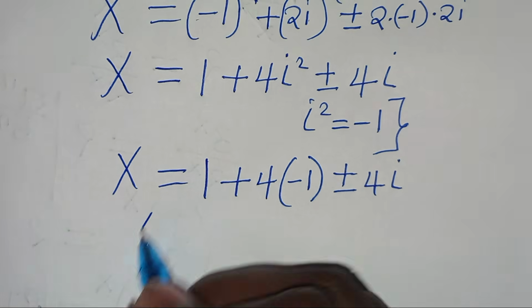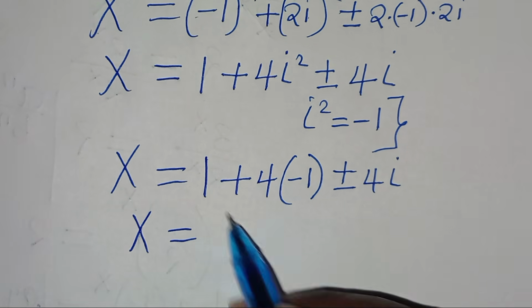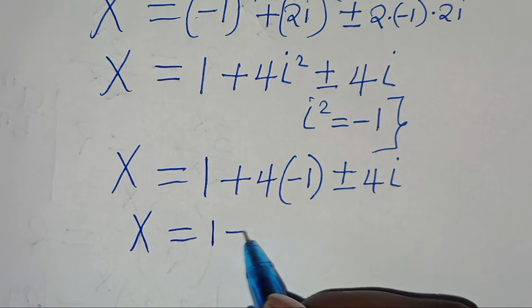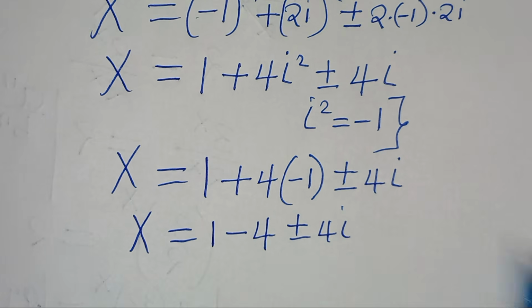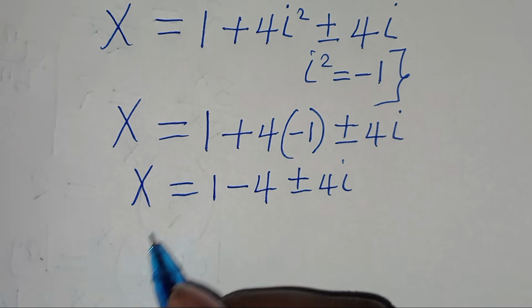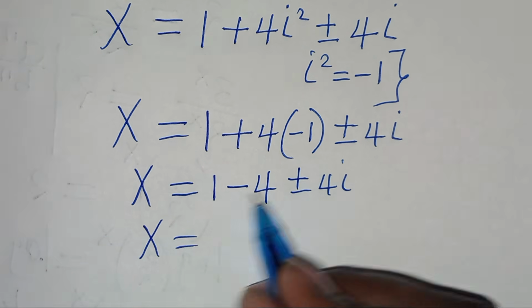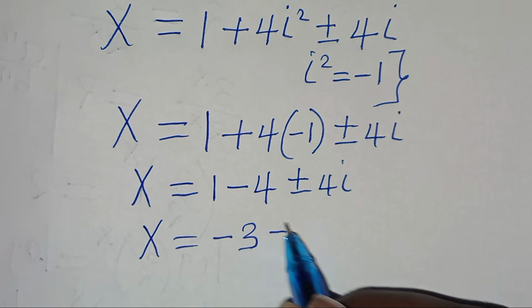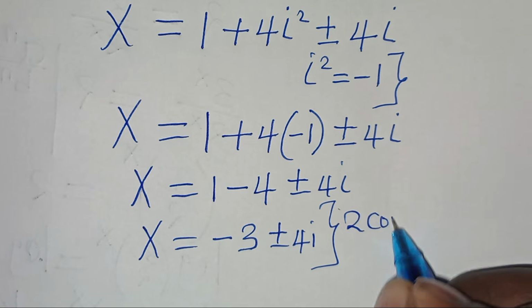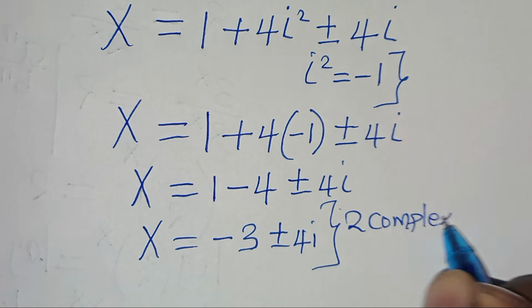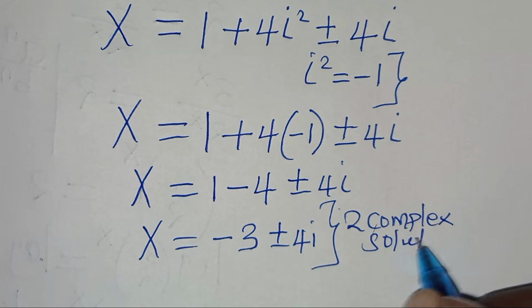So this implies that x is equal to, this is 1, subtract 4 plus or minus 4i. So this is to mean that x is equal to 1 minus 4, this is negative 3 plus or minus 4i. So these are two complex solutions.